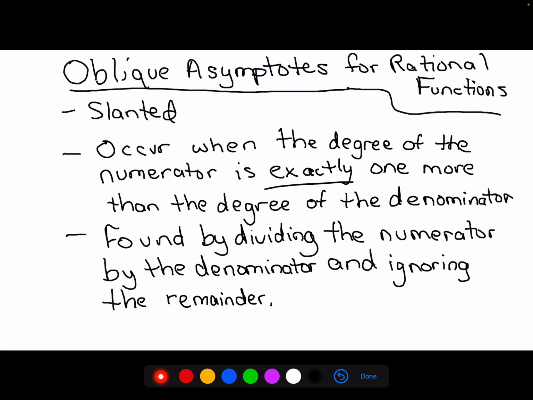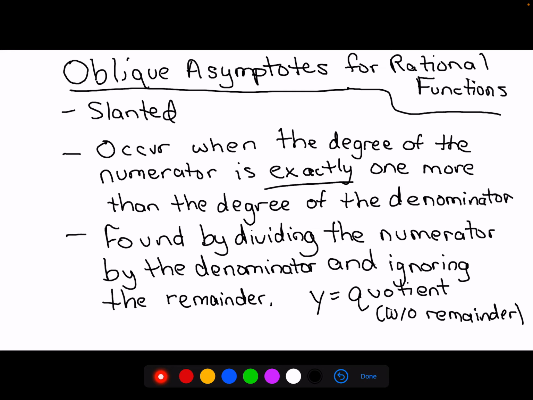So the equation of the line will be y equals the quotient. Put that quotient without the remainder, and that'll be the equation of that invisible asymptote.